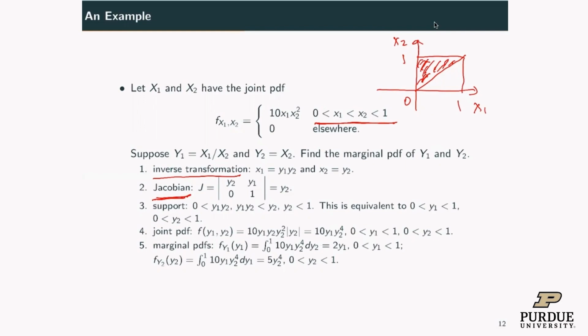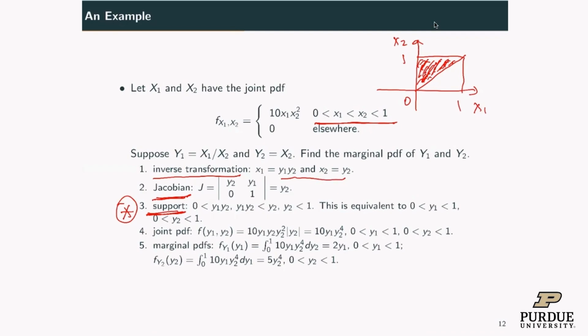Now the third step is important. You need to solve for the support of Y1, Y2. Don't forget this step. So (X1, X2) is inside this support. You have a transformation. Now what is the support for Y1, Y2? The easiest way: you just plug the inverse transformation back into the support of X1 and X2.